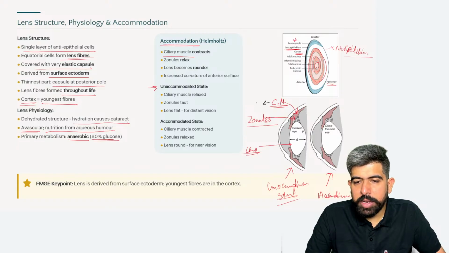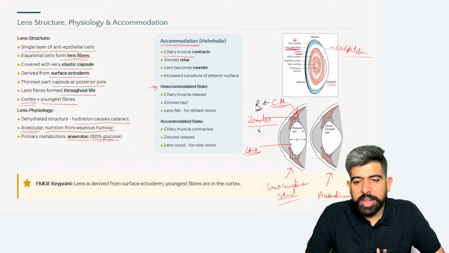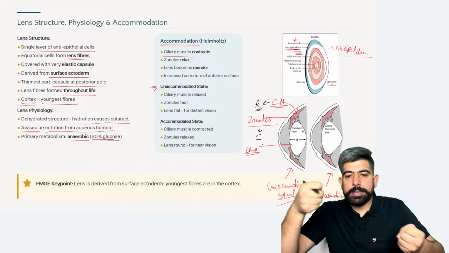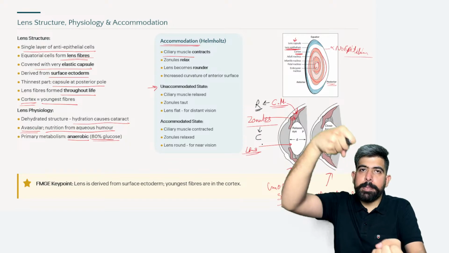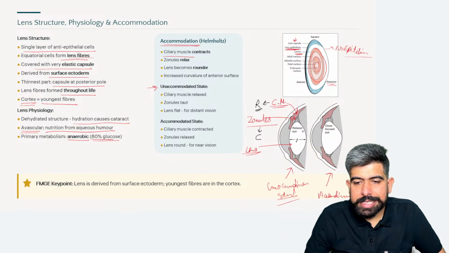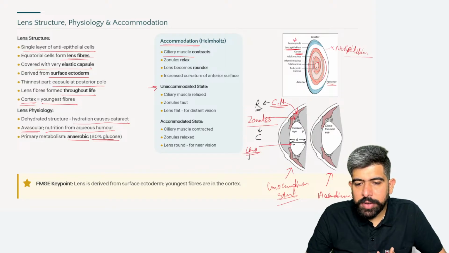As I told you, if the ciliary muscle relaxes, what will the zonules do? As you know very well, it is just the opposite, so the zonules will contract. These thread-like structures will pull the lens. As they pull the lens, the curvature of the lens will get flat.